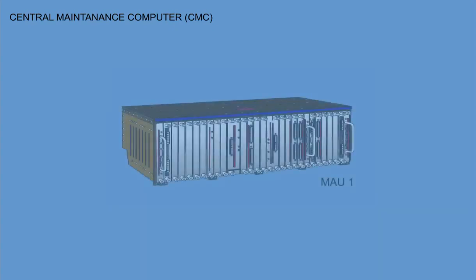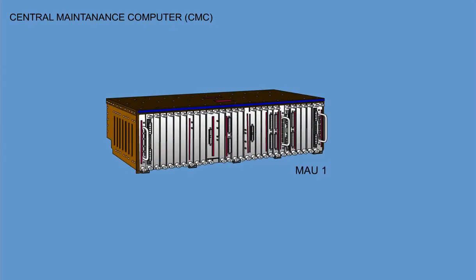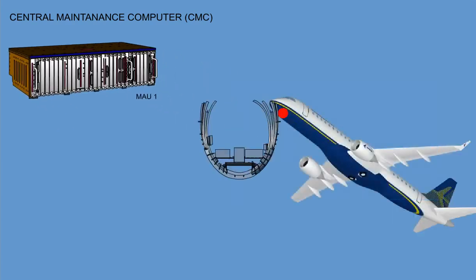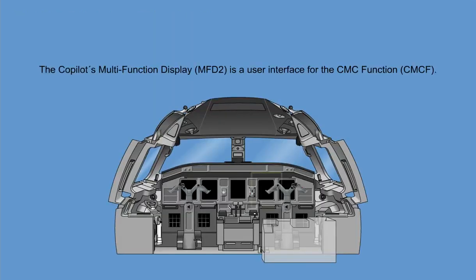The CMC consists of a single module installed in MAU number 1, located in the forward avionics bay. The co-pilot's multifunction display, MFD2, is a user interface for the CMC function, CMCF.